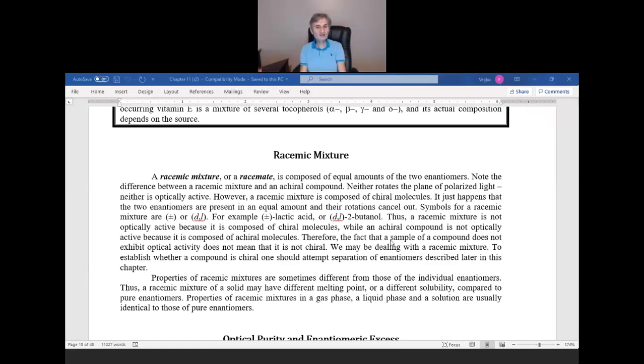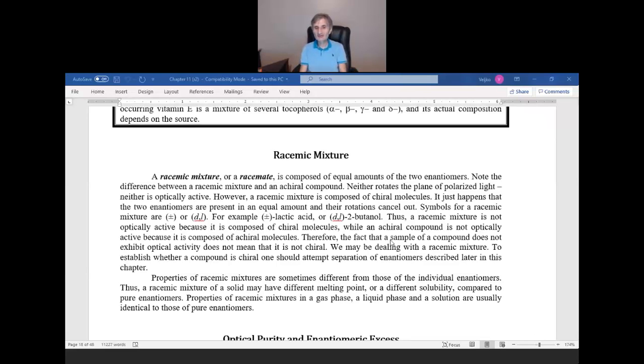So a racemic mixture has rotation of 0. But a racemic mixture is still a mixture of two chiral compounds. And so a racemic mixture has the same property as an achiral compound. Achiral means non-chiral. The compound is not chiral, in that it doesn't rotate plane of polarized light, but for different reasons.